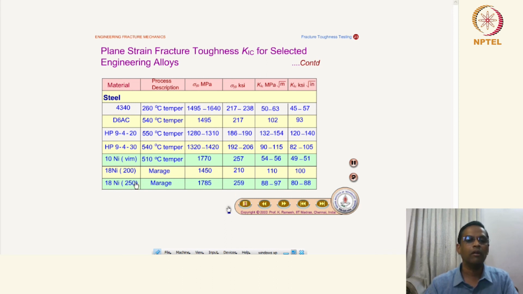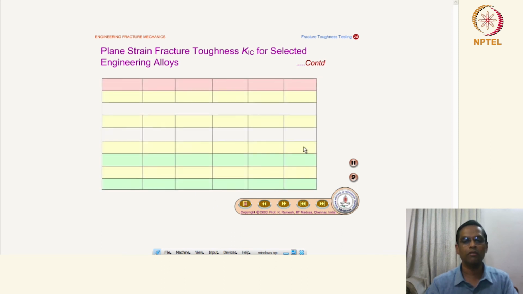And then you also have maraging steel, very important steels. You can see the strength values are extremely high, and still they have very high fracture toughness because of the alloy design and heat treatment.